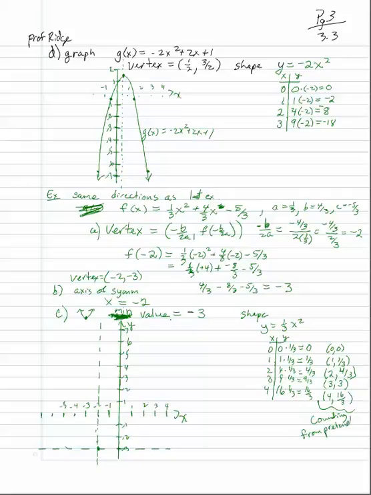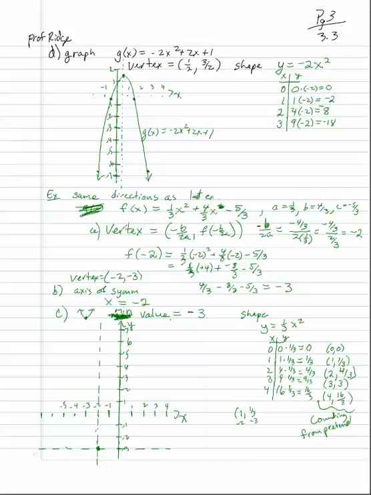Now again, if I want to know what the real points are, I just add the vertex, negative 2, negative 3, to each coordinate. So 0, 0 is really negative 2, negative 3. For 1, 1/3, you add the negative 2 to 1, and you add the negative 3 to 1/3.